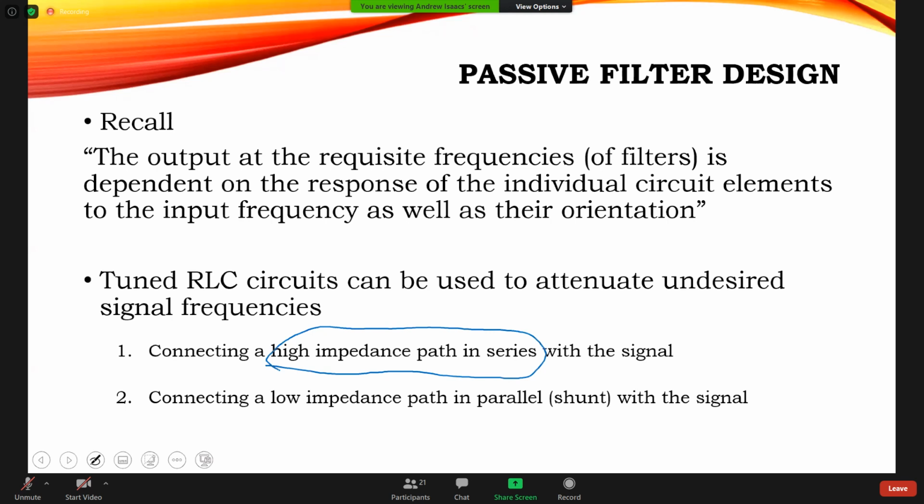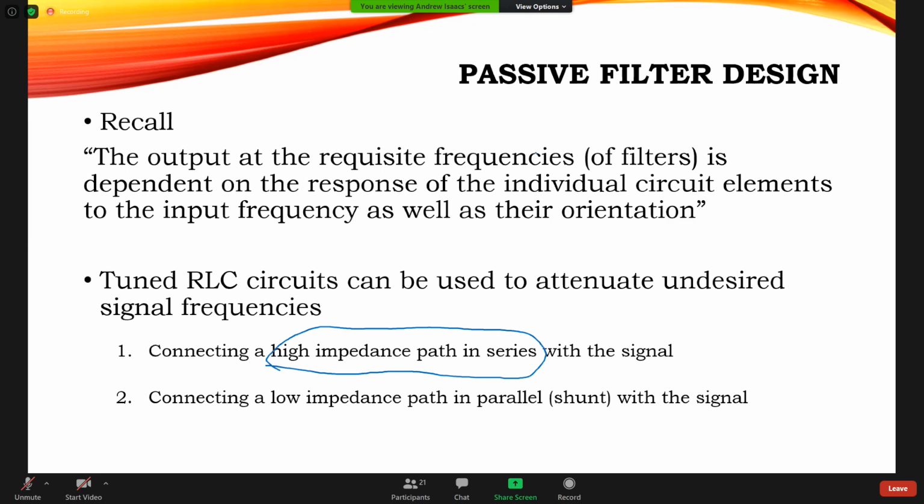Low frequencies. Everybody agree with that? So I'm attenuating low frequency, which means I'm going to connect the capacitor in series, because it would block low frequencies. It will give me a high impedance path to low frequencies.